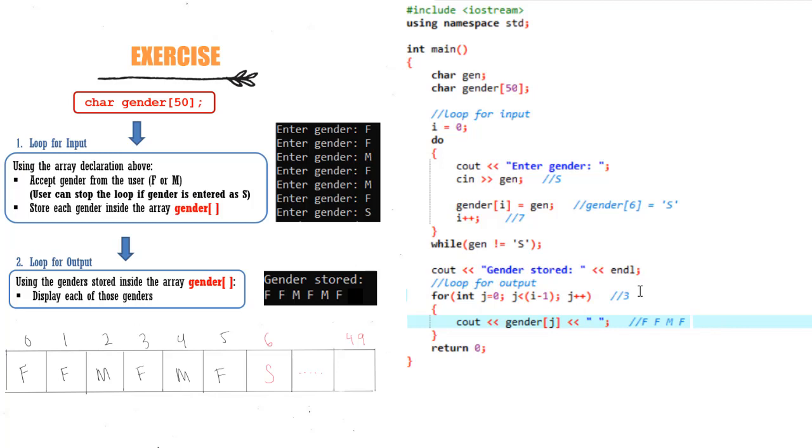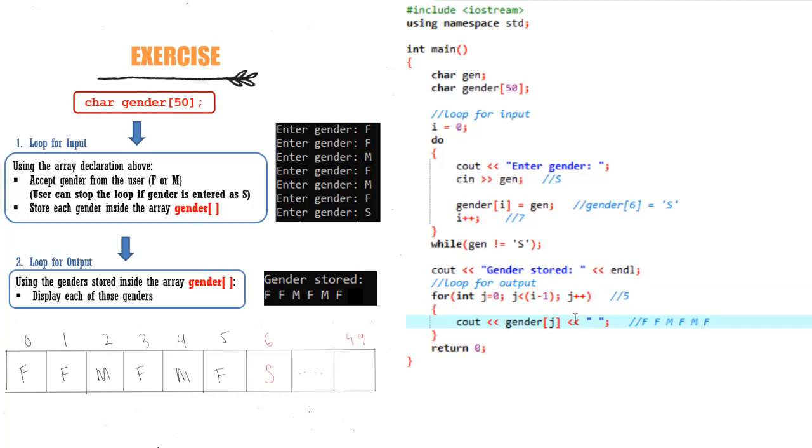Then it goes back up, J++, it becomes 4, is 4 less than 6 true, it will go inside, so gender 4, it will have M. All right, so go back up, J++, it becomes 5, is 5 less than 6 true, then we go inside. What is inside gender 5? All right, so it will display F.